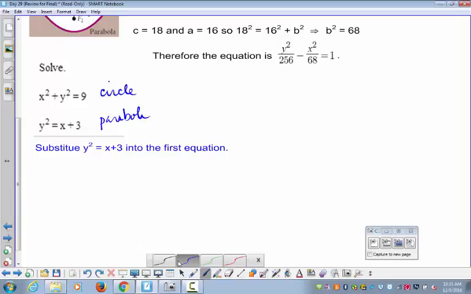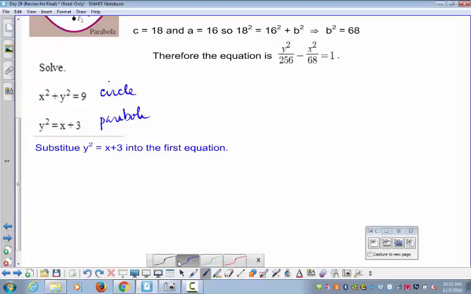You know a circle and a parabola could meet in one place, two places, three places, or four places, but no more than four. You could have at most four solutions.